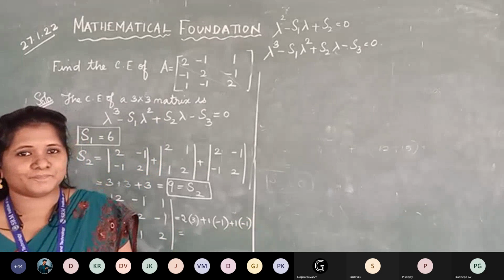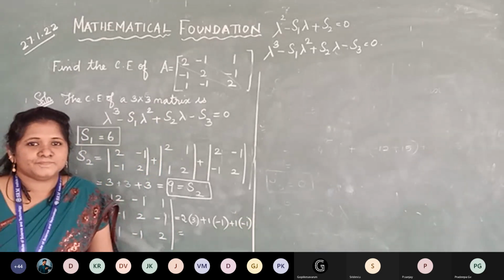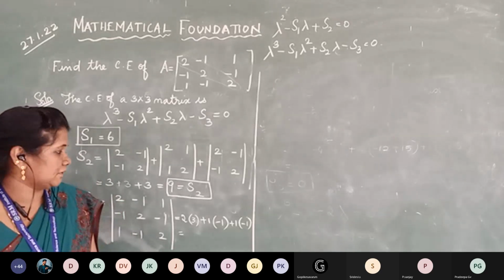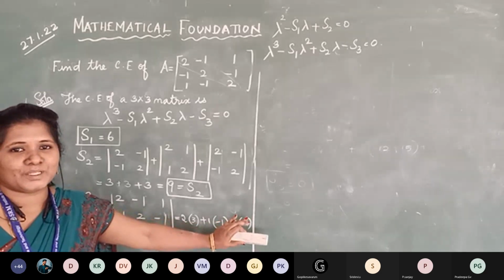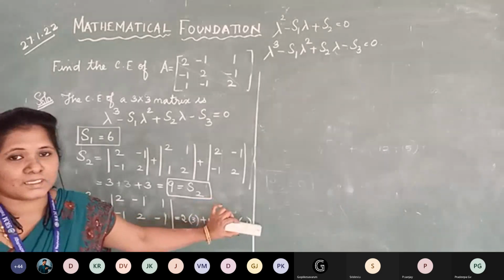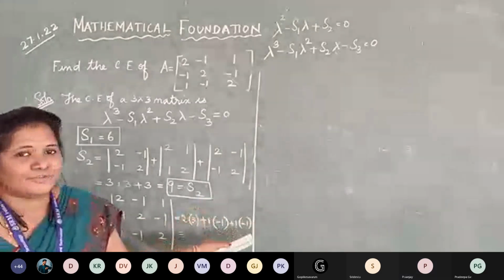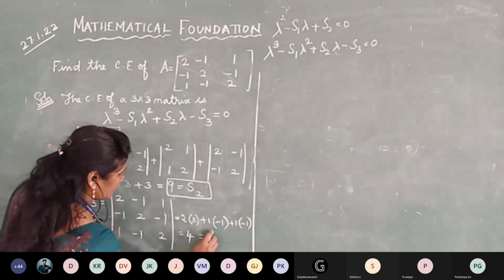What is your S3? What are you getting? Don't see my calculation. You tell me. What did you get for S3? 4. You have to find out your 4. Very good. So everyone, are you getting 4? Your S3 to be 4.